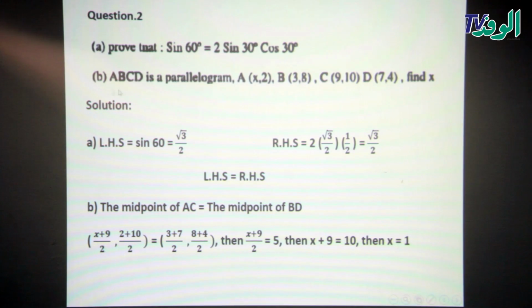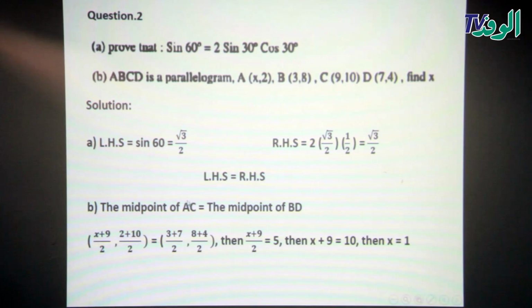And number B, ABCD is parallelogram. A has x 2, B has 3 8, C has 9 10, D has 7 4. So what is the value of x? احنا عارفين ان في parallelogram the two diagonals bisect each other, so we can say that the midpoint of AC equal the midpoint of BD.